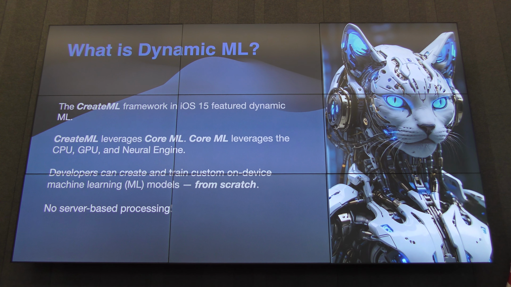Create ML is leveraging Core ML, and that's what's actually talking to the CPU, the GPU, and the neural engine. The idea, and I'll show the resources later on, is that you can actually create your own machine learning models on device from scratch, train them, update them.